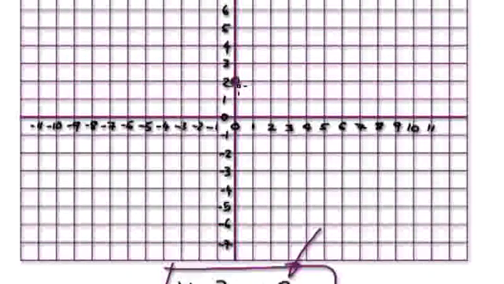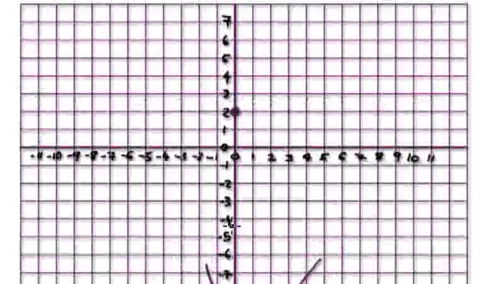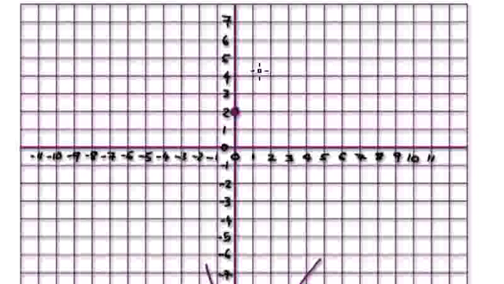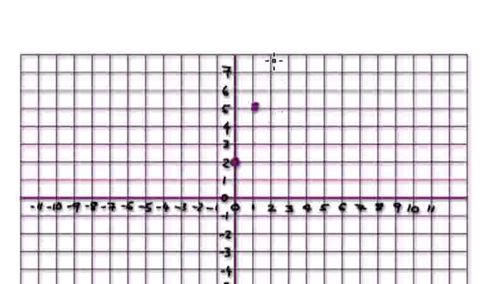So we know the intercept would be here, at the 2. Now look at the gradient. It has a steepness of 3. What that means is 1 across, 3 up.